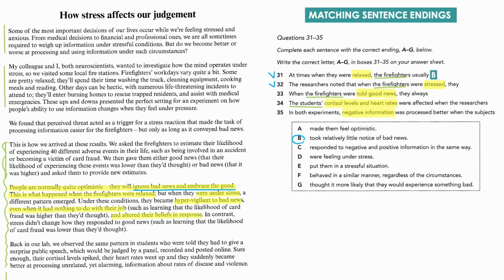And again, if we look through our statements one by one, made optimistic, no. Responded to negative and positive the same way, no. Were feeling under stress, no. Stressful situation, behaved in a similar way, no. Thought it more likely that they would experience something bad. Yes, that's our answer. 32G.